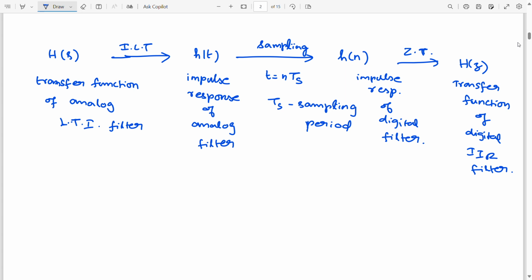So we should remember the Laplace transform of different functions.